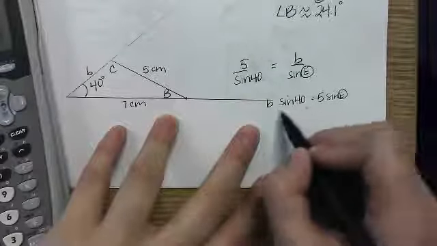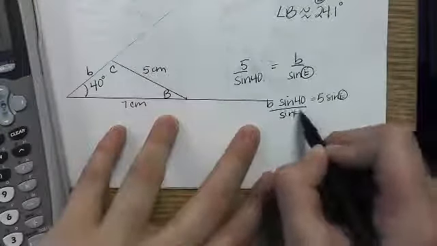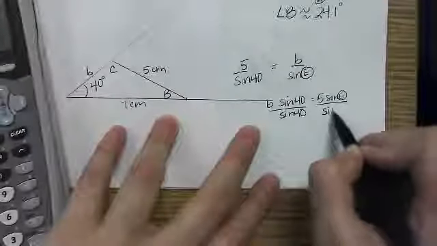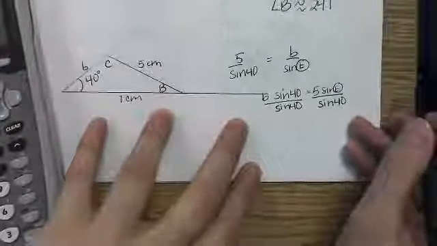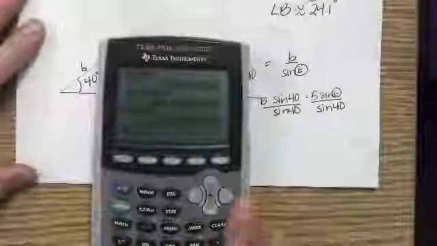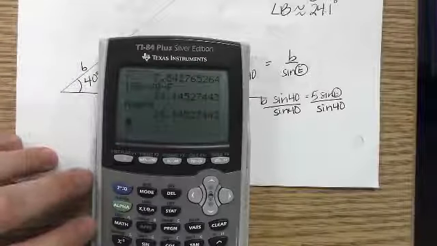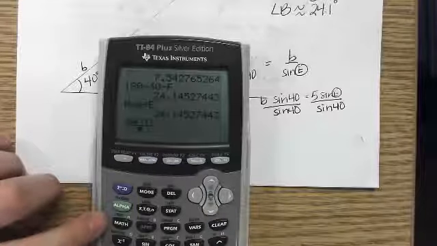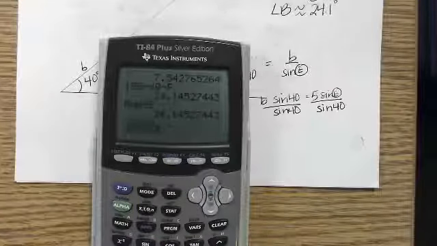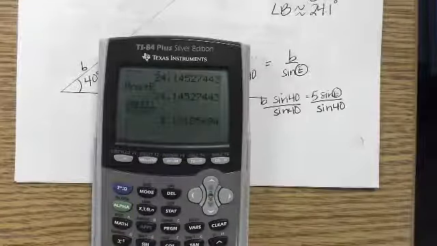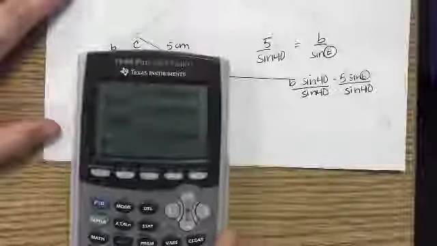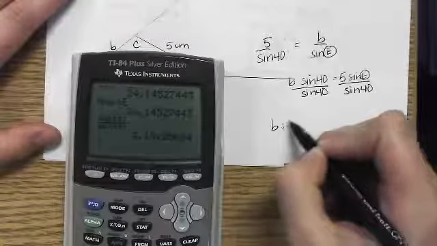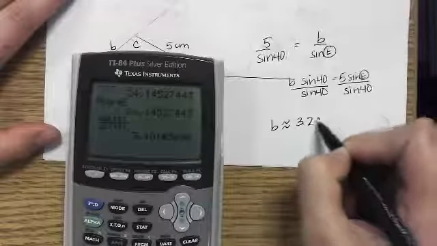And I'm going to get side b alone by dividing that sine 40 over. So side B is approximately 3.2 centimeters.